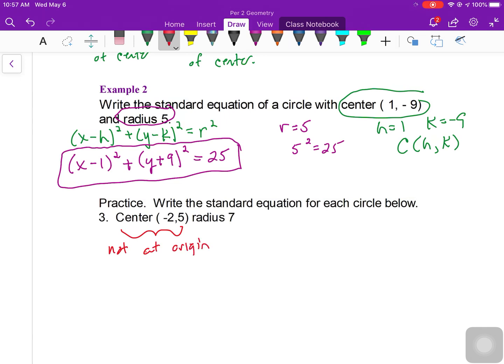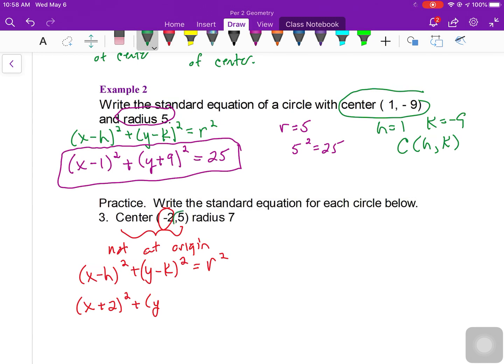You'll notice the center is not at the origin. So that means we're going to use this form, (x - h) squared plus (y - k) squared equals r squared. When we go to write our equation, we need to put the opposite of the x coordinate. So the opposite of -2 would be +2.